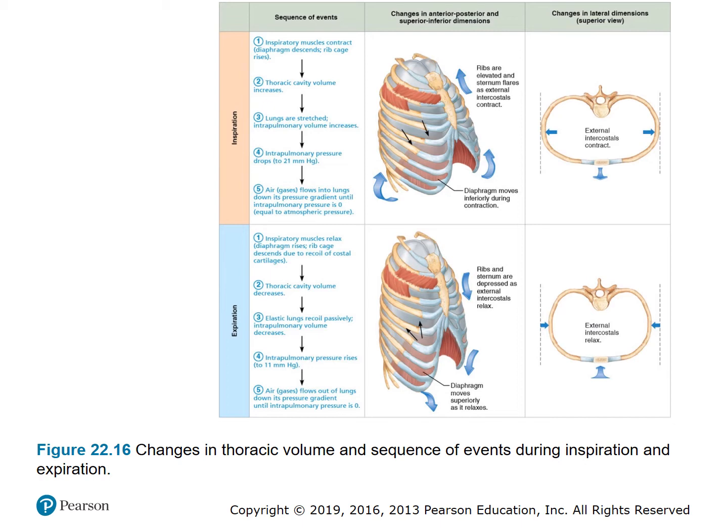And we can see the changes that occur in the thoracic cavity. The ribs and sternum are depressed as the external intercostals relax, and the diaphragm moves superiorly as it relaxes. We can see the changes that happen in the lateral dimensions from a superior view as well, and we can see the external intercostals relax.